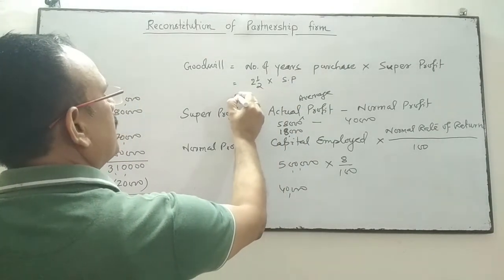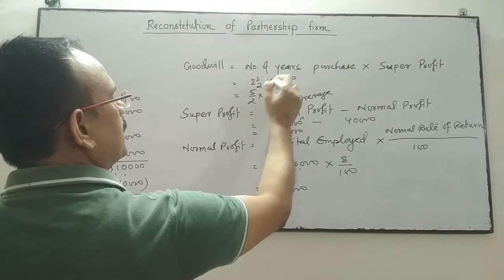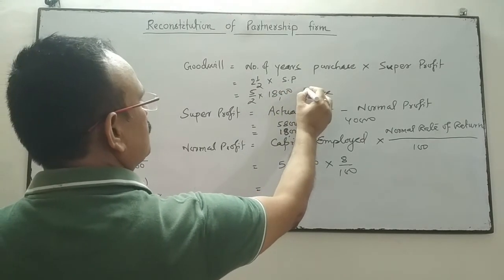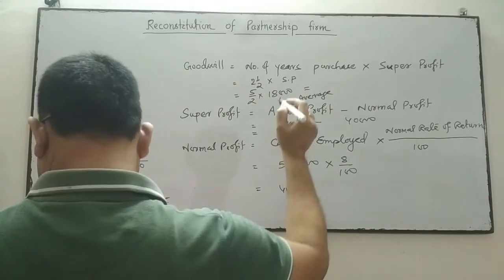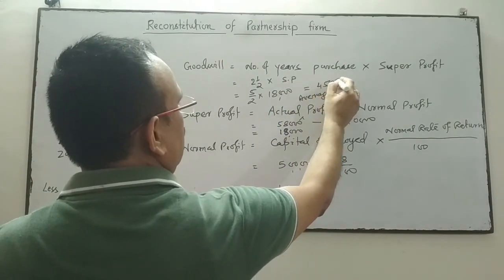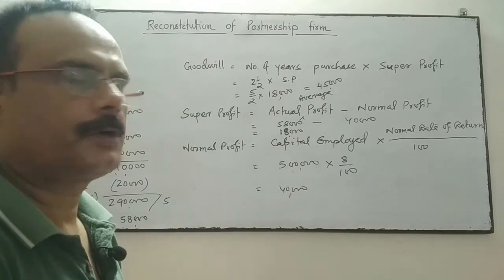So 2.5 years means 5 by 2 into 18,000. So goodwill is equal to 45,000. Is it clear? Goodwill is 45,000.